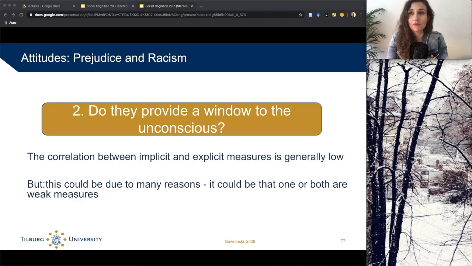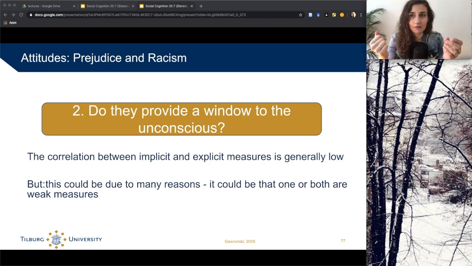A second type of criticism could be that it's unclear if they actually do present us with an opportunity to look at the unconscious, the intuitive mind, because the correlation between implicit and explicit measures is generally low, right? I've already pointed out that it's not necessarily the case that the implicit IAT predicts how someone would describe themselves.